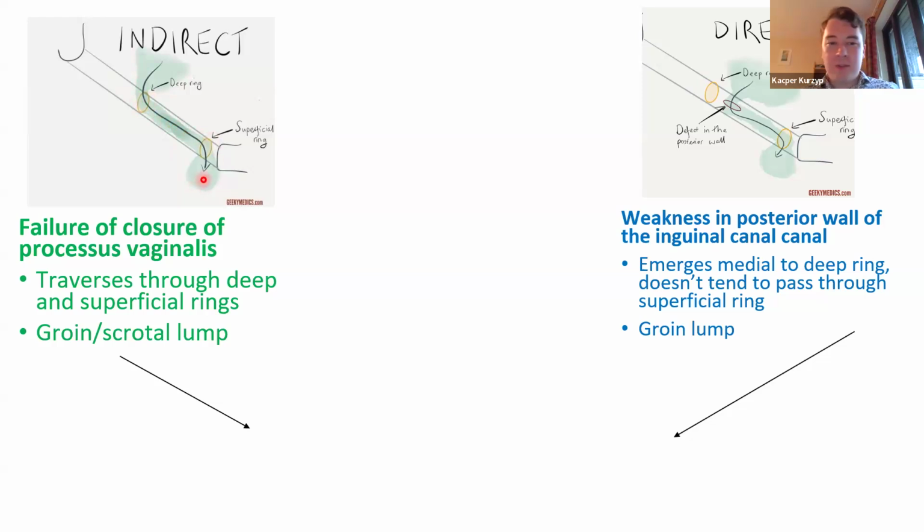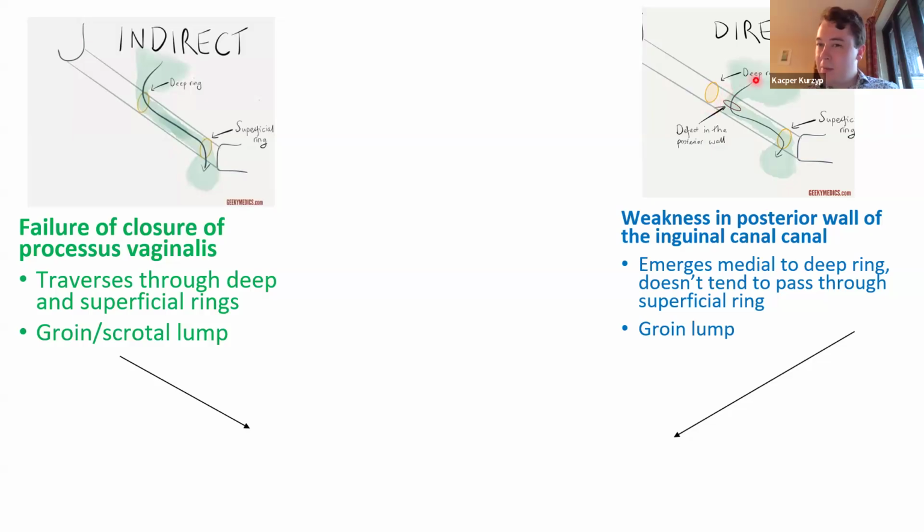It will cause a lump that is superior and medial to the pubic tubercle. Yes, it goes through the deep ring and exits through the superficial ring.